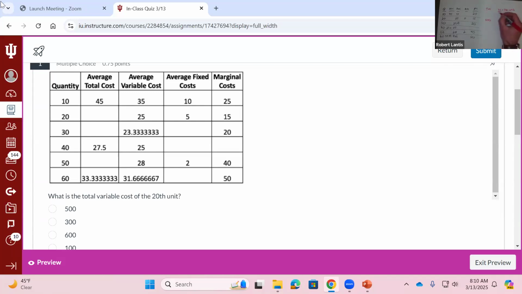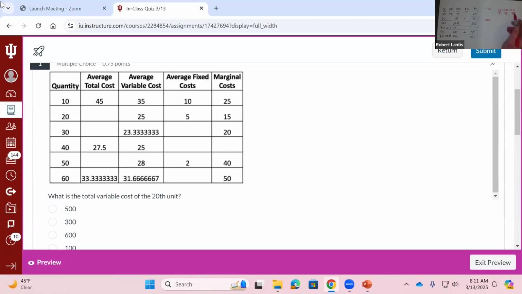If I divide everything by Q here, what happens to the equality in that equation? If I divide both sides by the same number, does the equality change? If you guys want to be Kelly School of Business students, we need to know that if I divide both sides of the equation by the same number, what happens to the equality? It stays the same. Nothing changes.